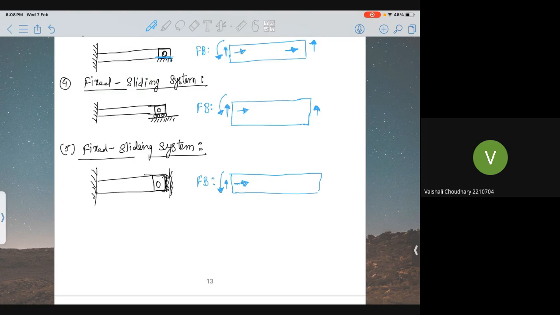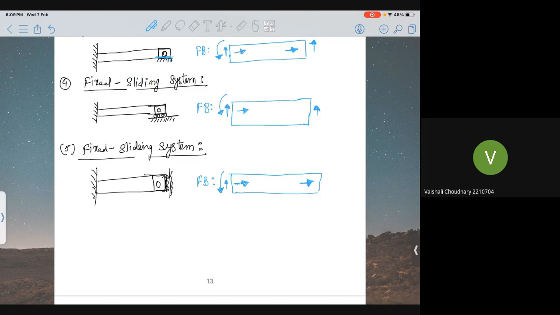Now, at the right hand point of the beam, the system can move in vertical direction instead of horizontal direction. So that system will experience a force in horizontal direction, because the sliding wheels are in vertical direction, so it can easily move in vertical direction.